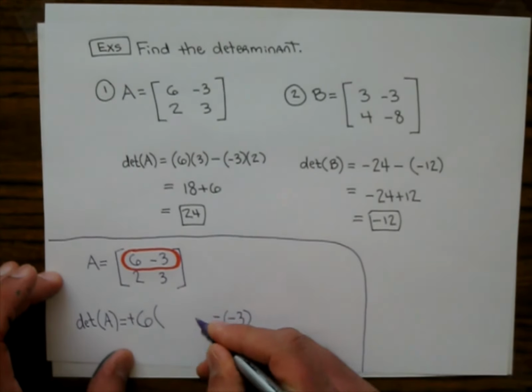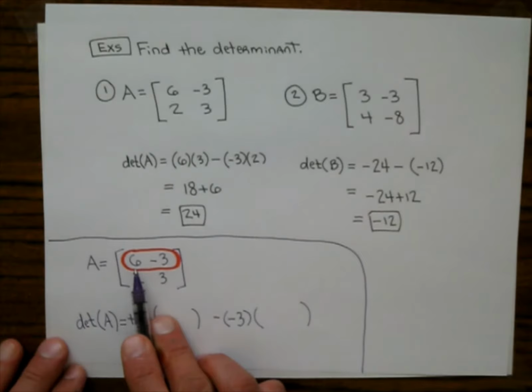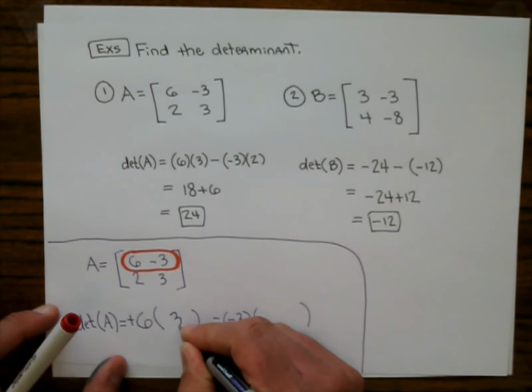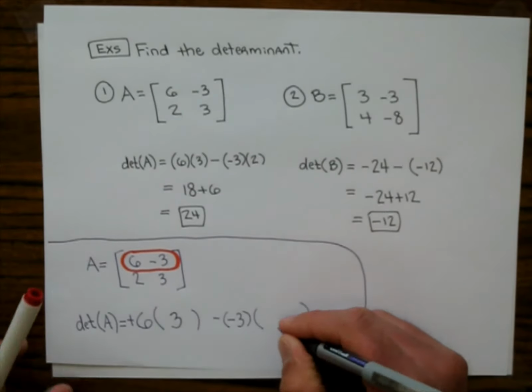Now I'm going to compute the determinant of what I get when I cover up that 6, the row and the column that have the 6 in it. When I cover those up, I just get 3. The determinant of that 1x1 matrix 3 is 3. And when I cover up the row and column that contains the negative 3, I just get 2.